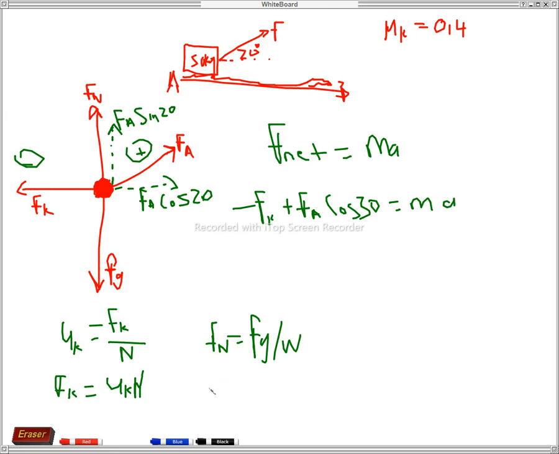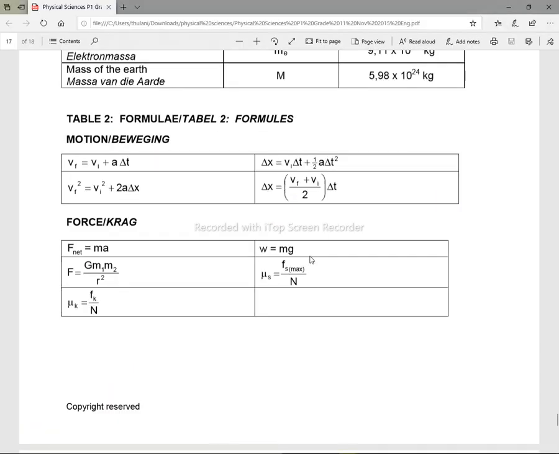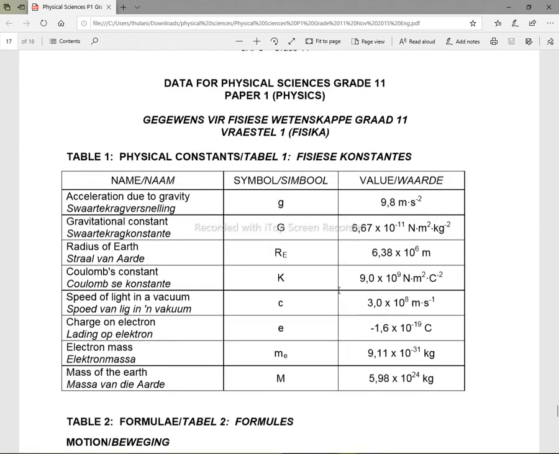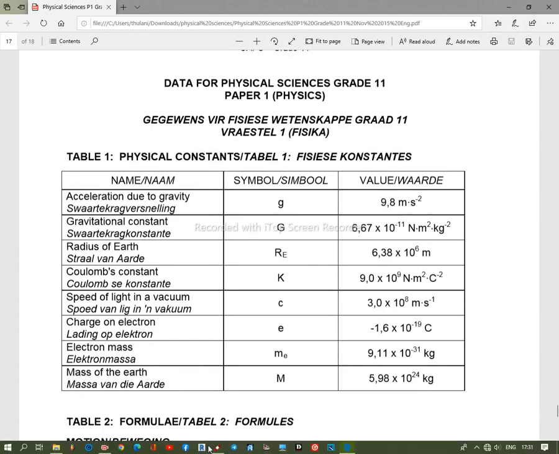We're also given it in your formula sheet. The acceleration due to gravity is right here, 9.8. Just know that.